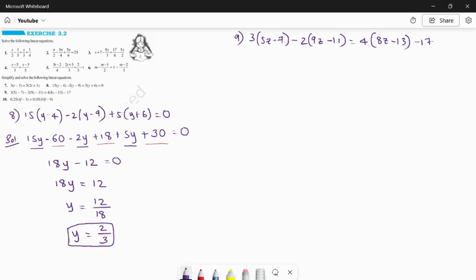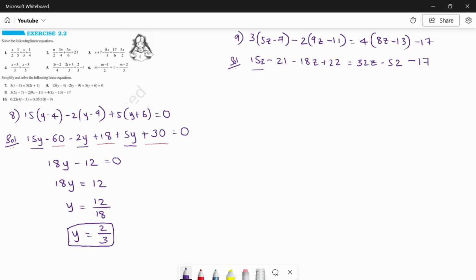Now 3 5s are 15, minus 3 7s are 21. 15z, minus 2 9s are 18z, minus of minus plus 2 into 11 is 22. 4 8s are 32z, minus 4 into 13 is 52 and minus 17.